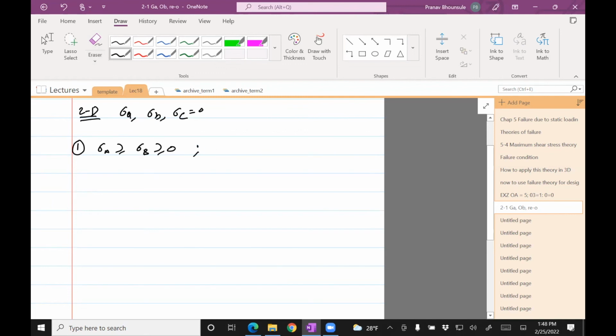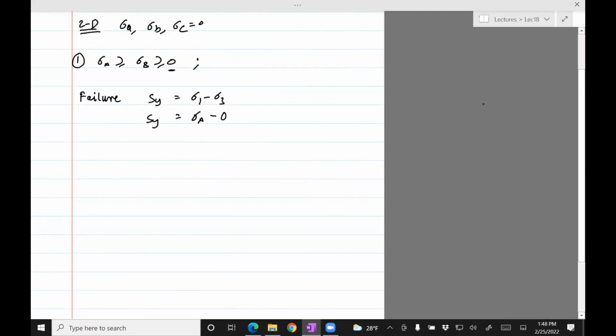So if sigma A and sigma B are greater than 0, then the failure is determined by Sy equals sigma 1 minus sigma 3, right? So we need to arrange this. Sigma 1 is sigma A, and sigma 3 is 0, right? The minimum one. Okay, so keep that as it is.